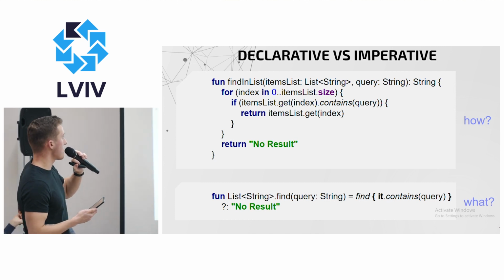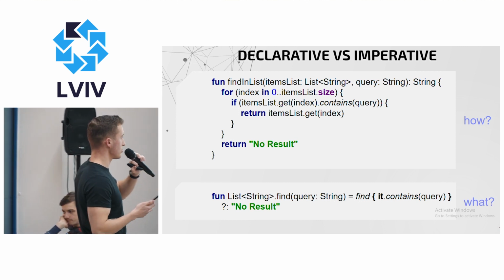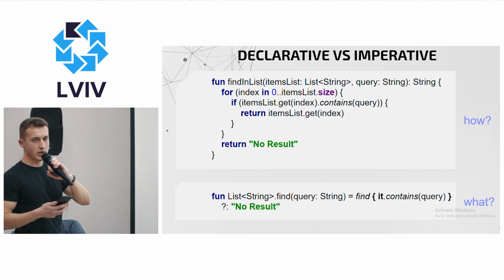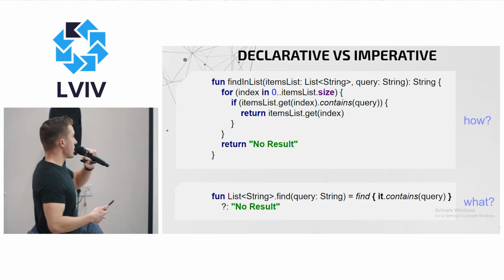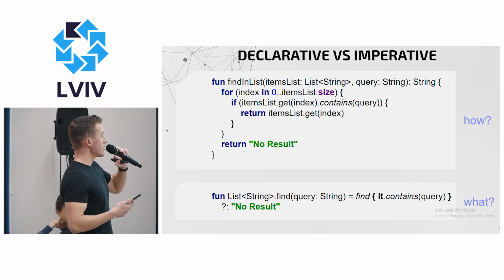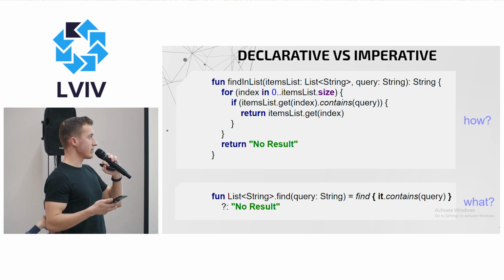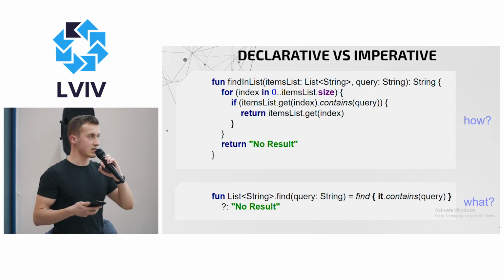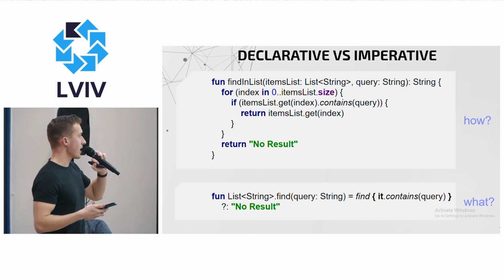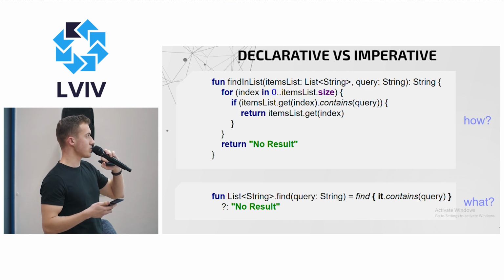Okay, it's a good example to understand the difference between the declarative and imperative ways of programming. Can you see the code? So we have this method find in list, and in the imperative way we tell the program how to find the item in this list. We need to iterate through the list and check on each object if it contains our search query.